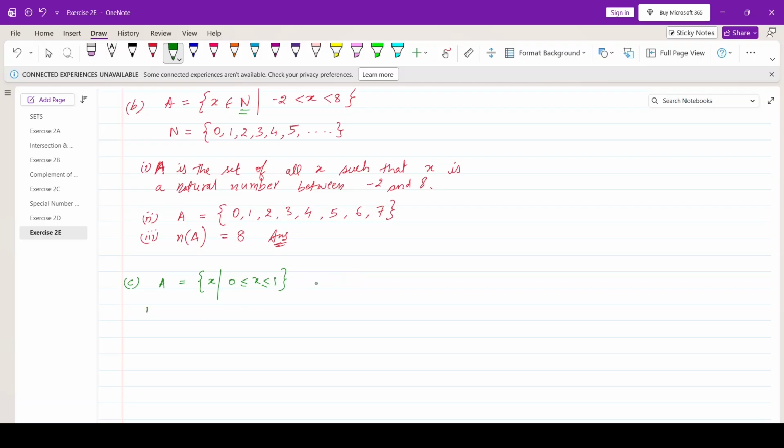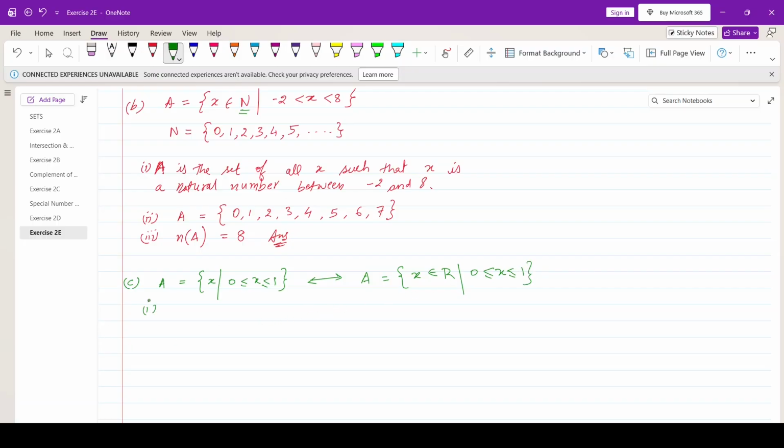So, this same statement can be written as A is a set of x, where x is an element of real numbers and x is between 0 and 1, both included.